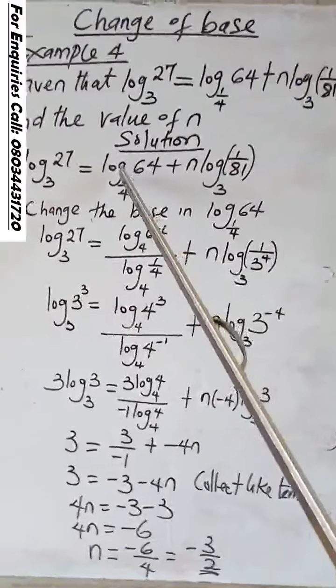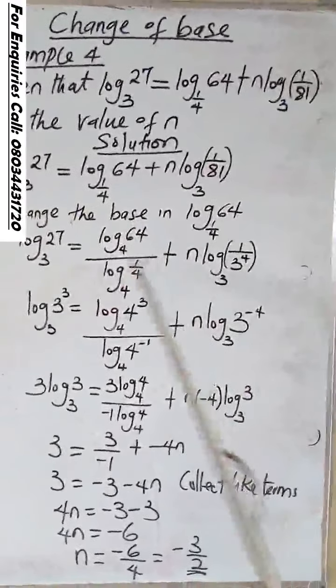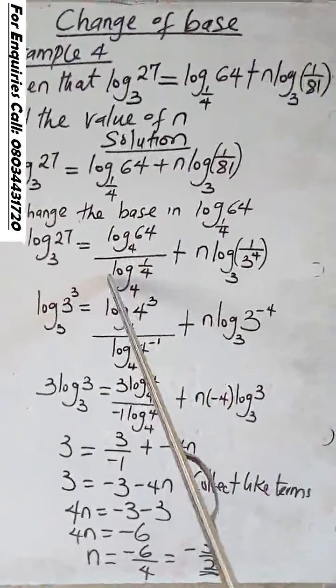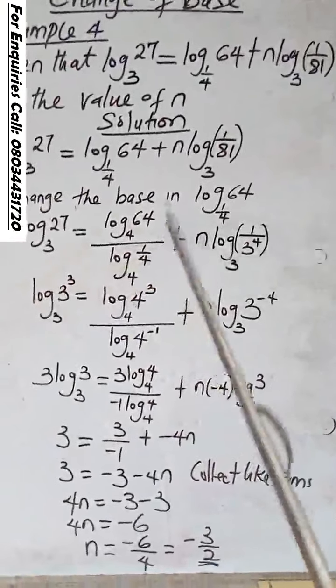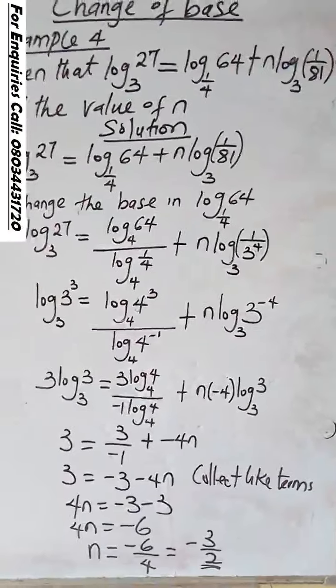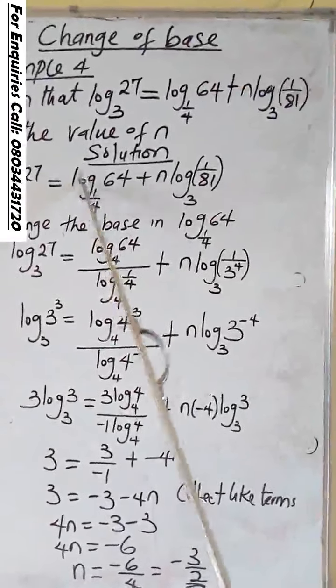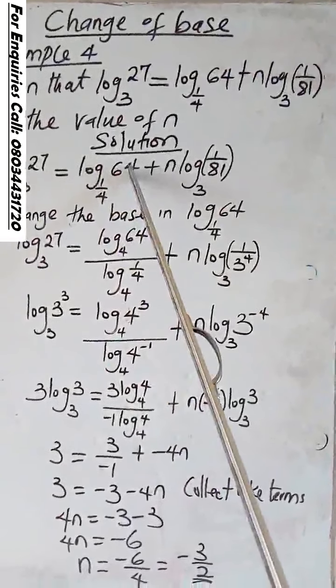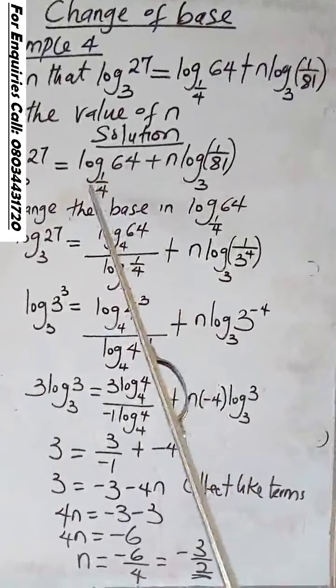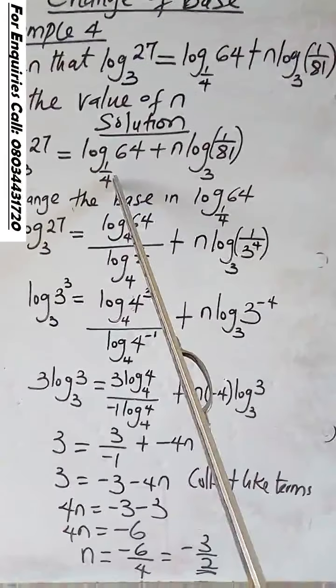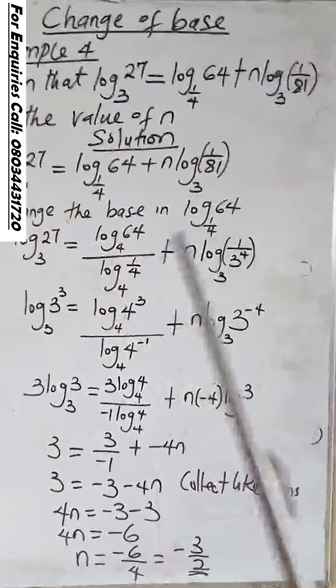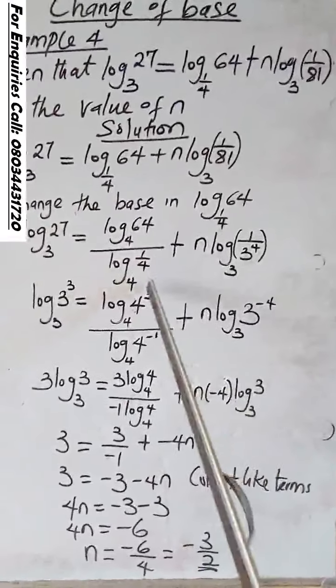Our old base is 1/4. It will turn to the new logarithm used to divide the old logarithm. The old logarithm is 64. The old base is 1/4, which will now turn to the new logarithm.